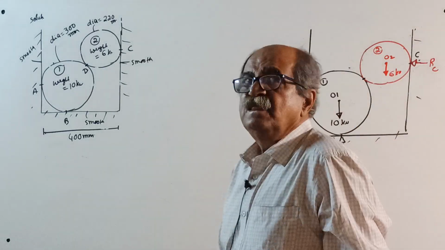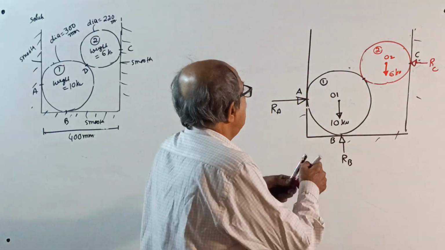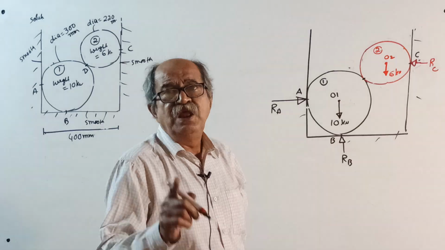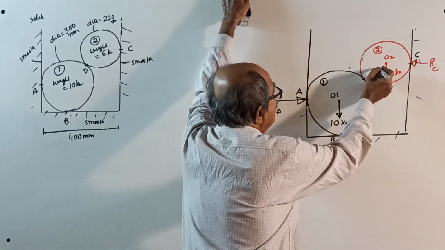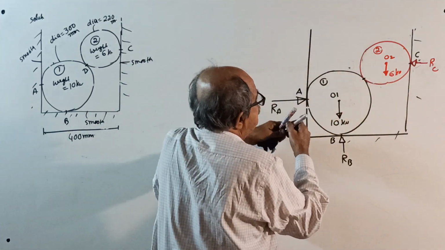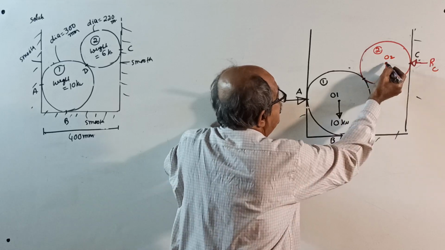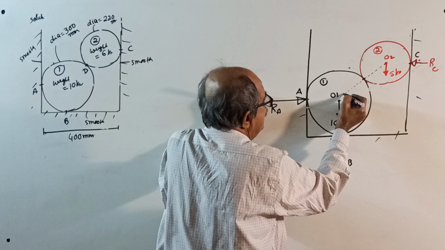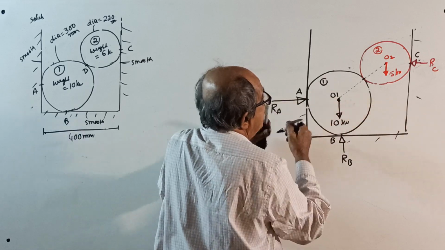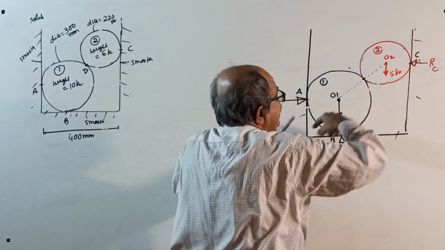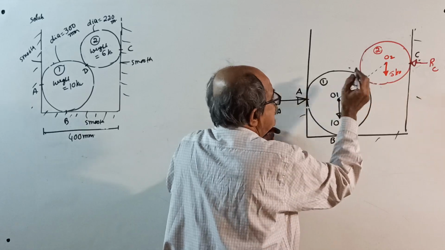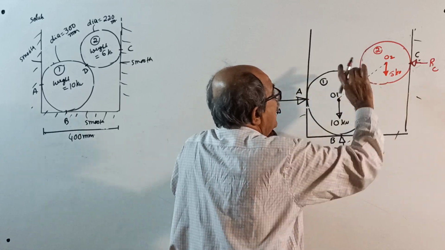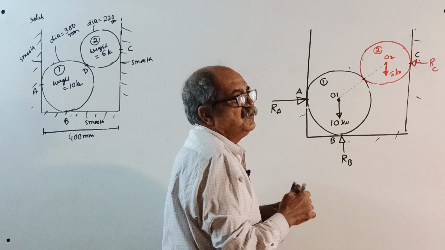Not over. There will be a mutual reaction here. See, if I join these two by a light single line, with the center here, then along this line there will be a reaction. One reaction for that one, one for this one.